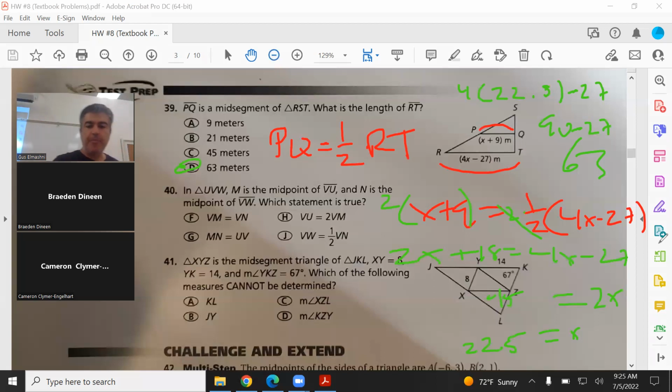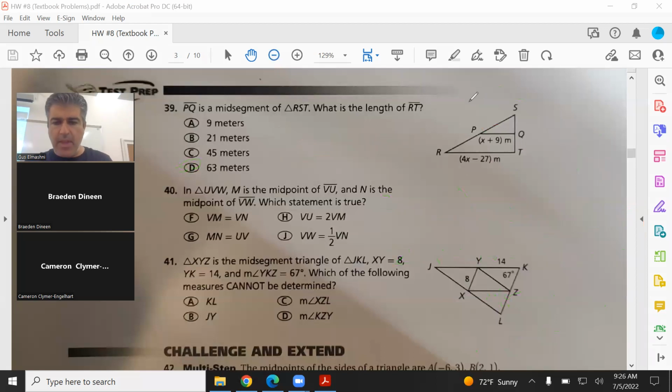Okay. And 41. It's more of the same thing. So triangle XYZ. Oh, that's interesting. So XY is a mid-segment, XZ is a mid-segment, and YZ is a mid-segment. So you got 3 mid-segments going on there. Okay, so therefore that's 14, right?